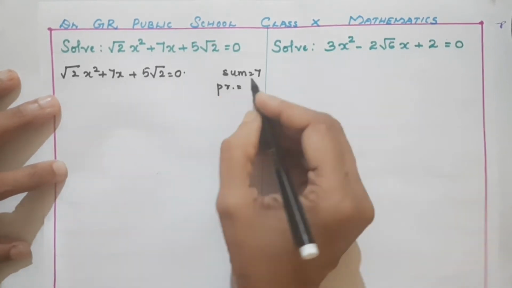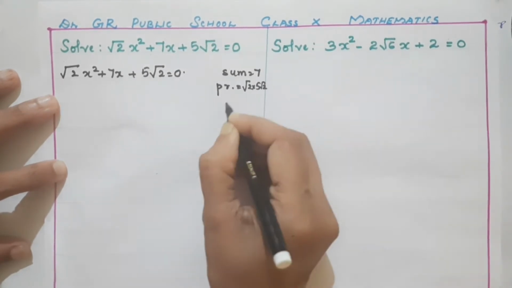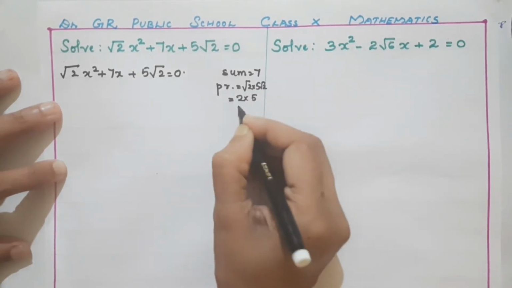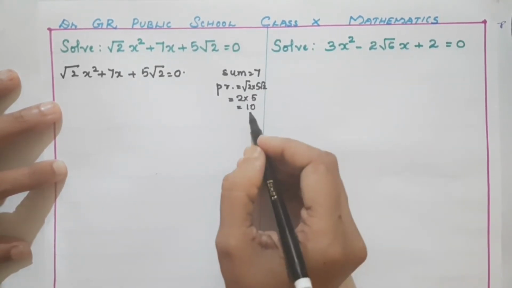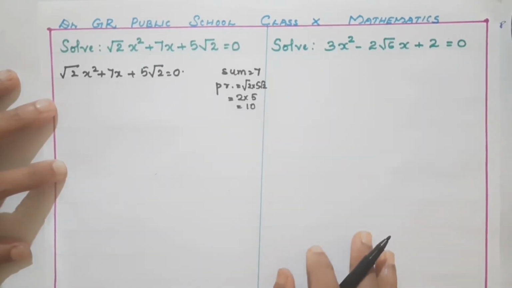So x square coefficient is root 2 into 5 root 2. Okay, root 2 into root 2, 2. 2 into 5, 10. So the product should be 10 and sum should be 7.